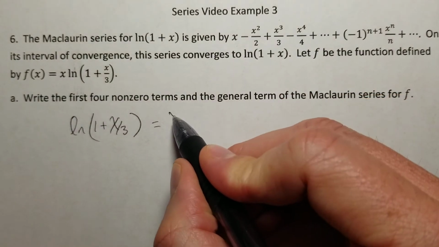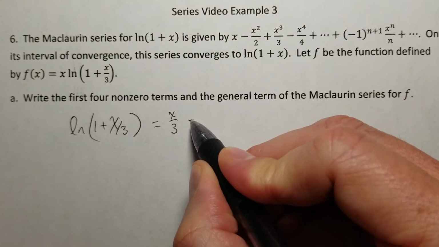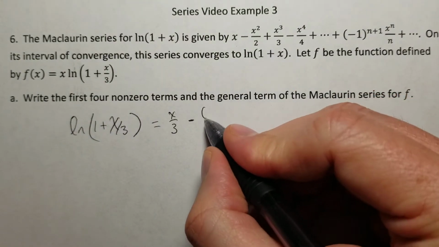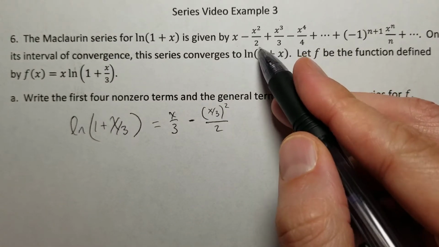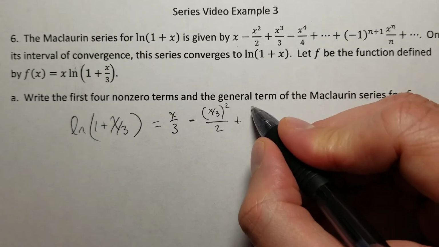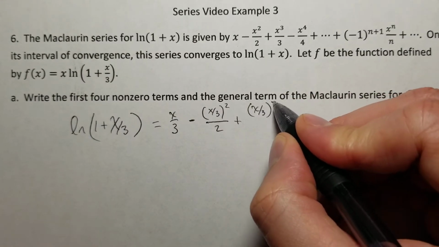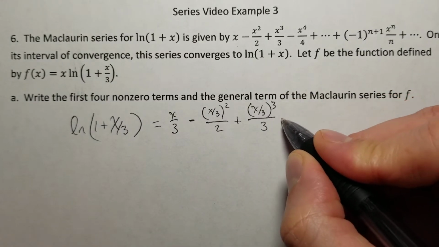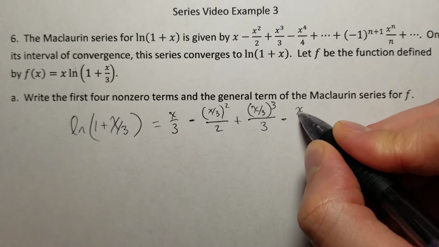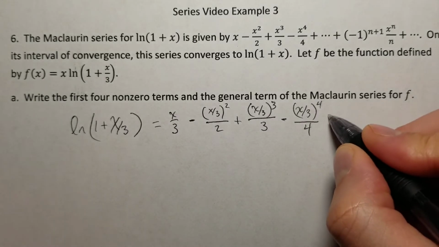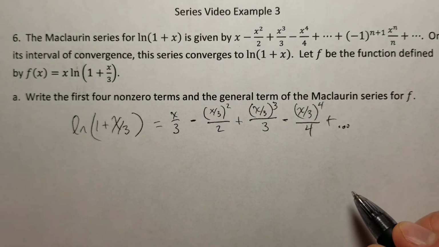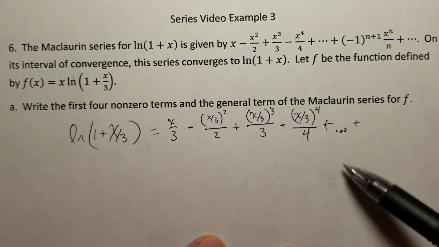So instead of x, I'll have x over 3 minus, instead of x squared, x over 3 all squared divided by 2 plus x over 3 cubed over 3 minus x over 3 to the 4th over 4 plus dot, dot, dot.